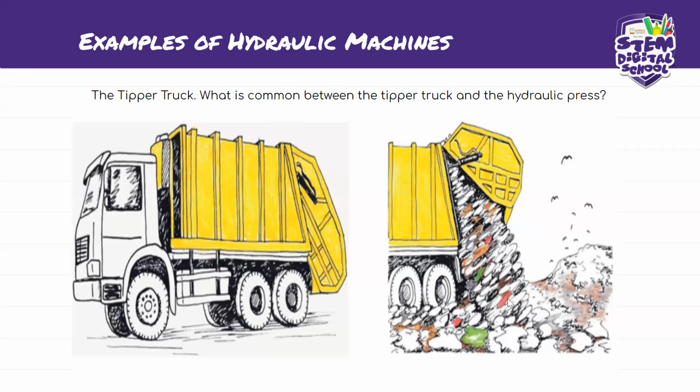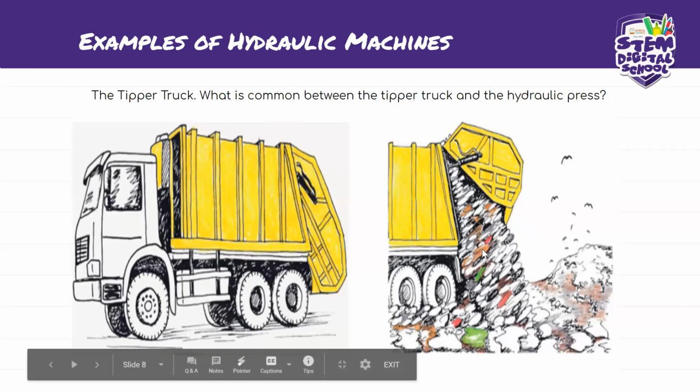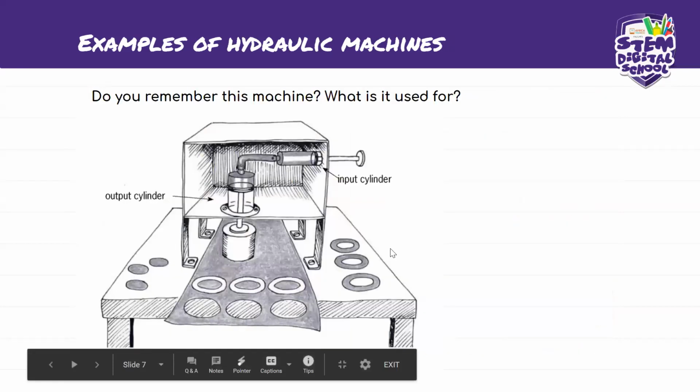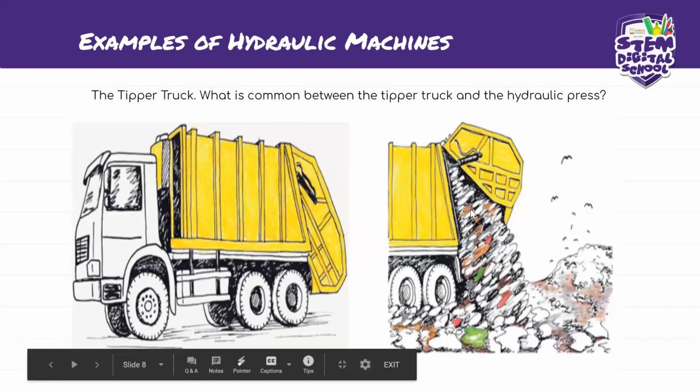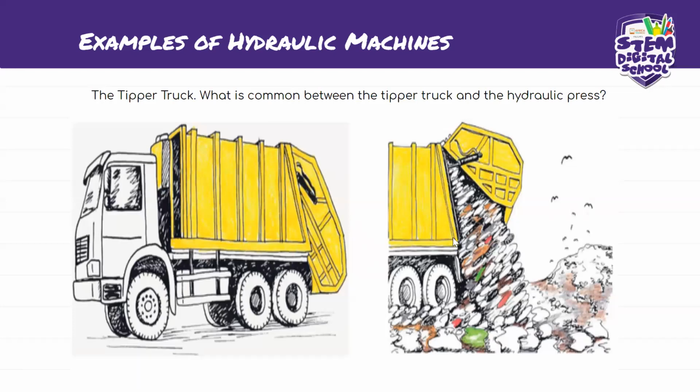So inside this tipper truck, there is a hydraulic press, because the tipper truck needs to compress all this rubbish, all this garbage, for it to be contained neatly in the truck so that it can be disposed where they dispose of the rubbish at the dumping site.